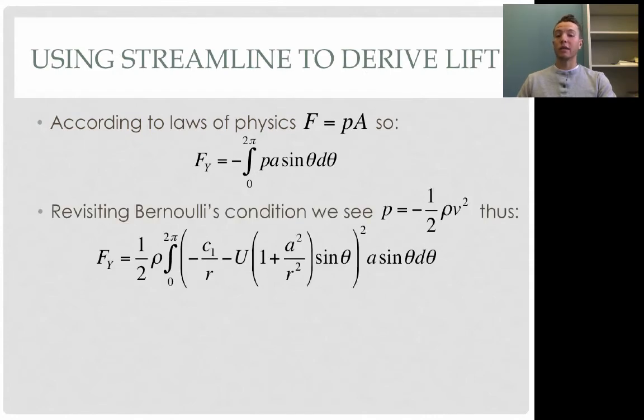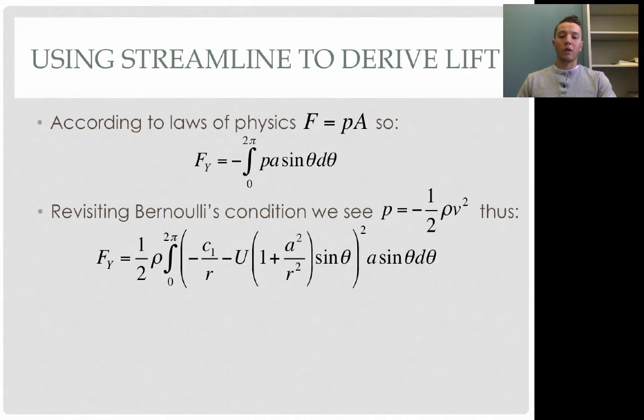And revisiting Bernoulli's condition, we see that P is equal to negative 1/2 ρ v squared. We talked about that before. And so we can substitute this value of P, the negative 1/2 ρ v squared, into our equation above for a lift in the positive y direction.